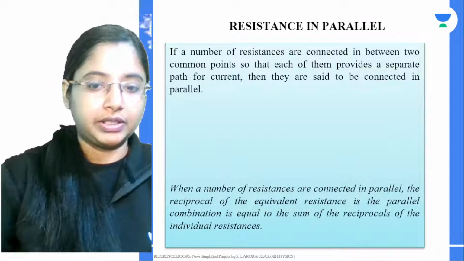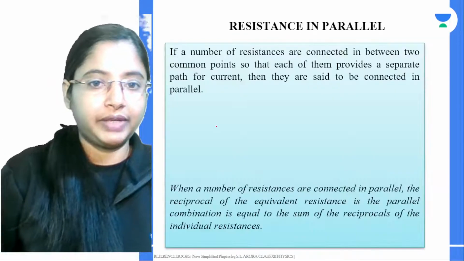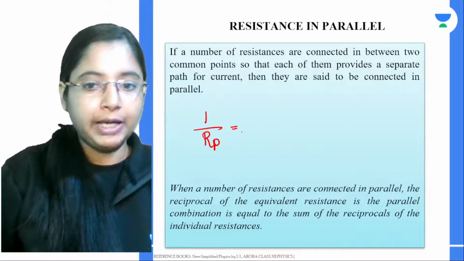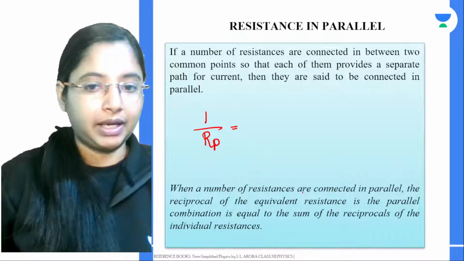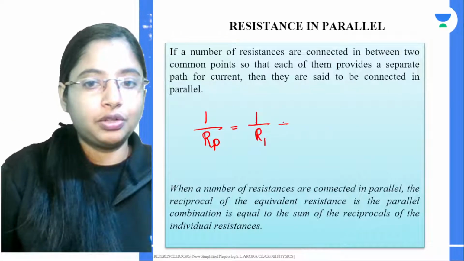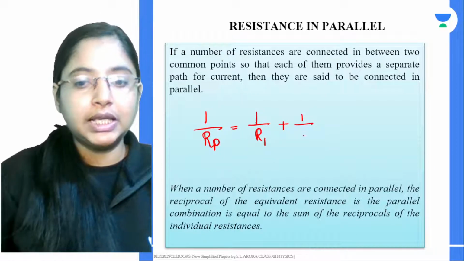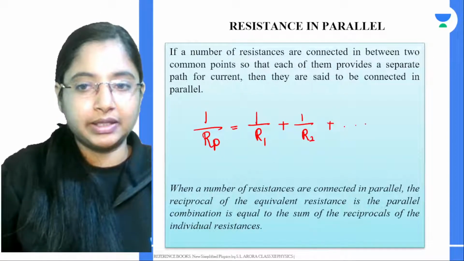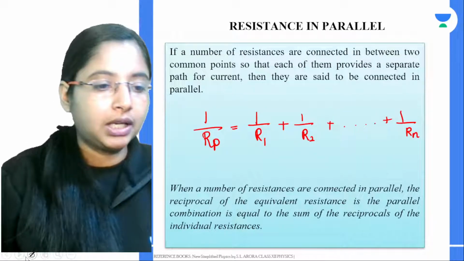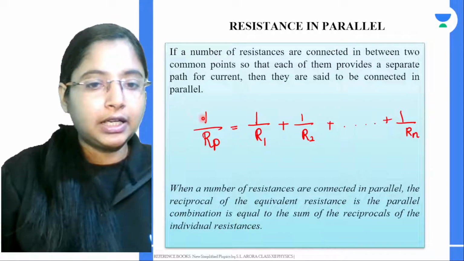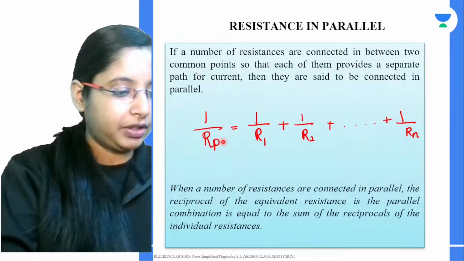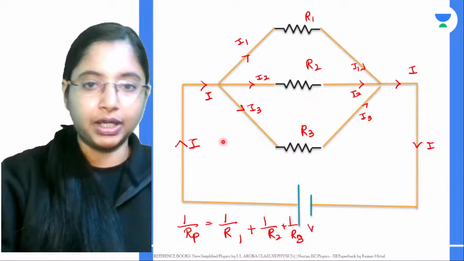If there are n resistors connected in parallel, the reciprocal of their equivalent resistance will be equal to the sum of the reciprocals of the individual resistances. You take the reciprocal of each value and add them together. Then that will give you the reciprocal of the equivalent resistance. This is again a quick overview. If you still have any doubts, you can ask me.